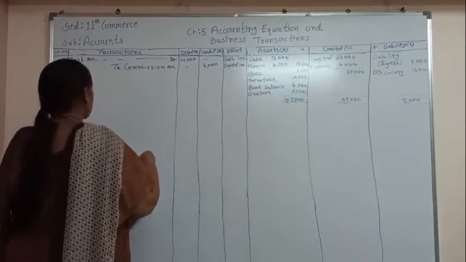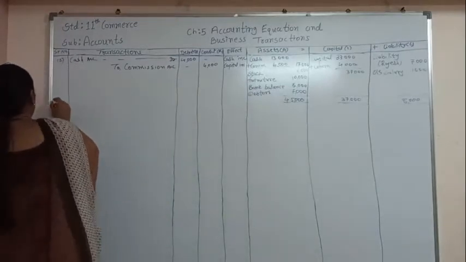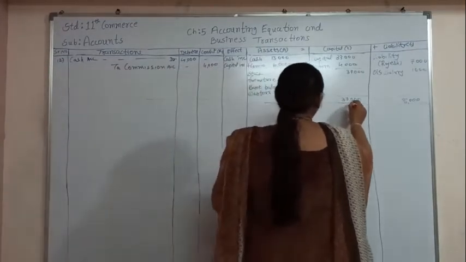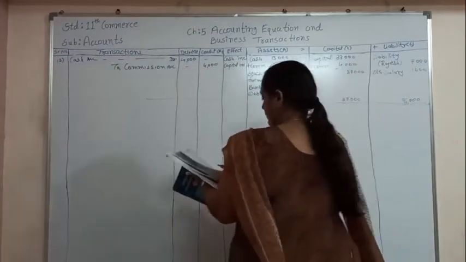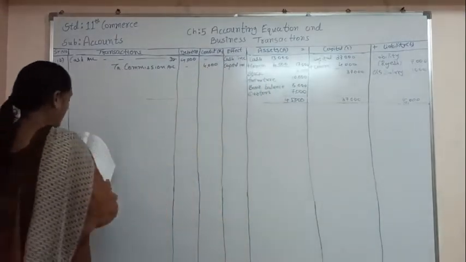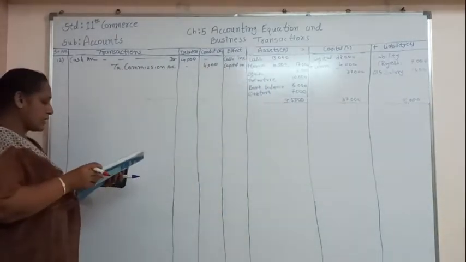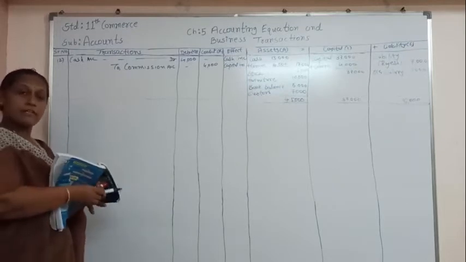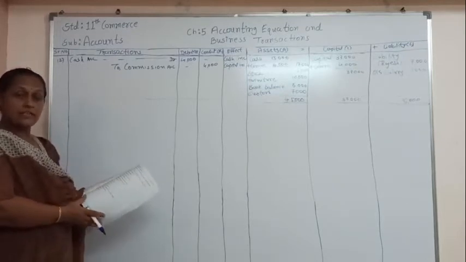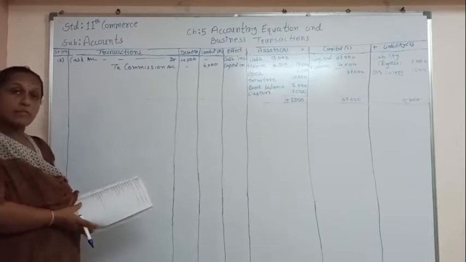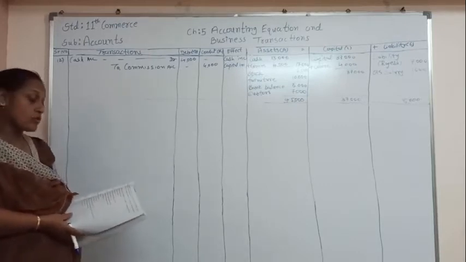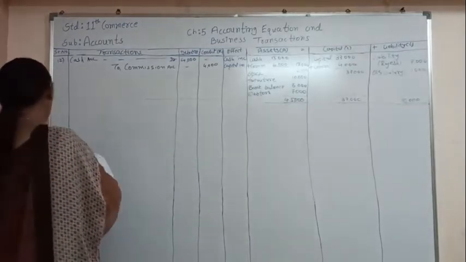And next transaction is receivable dividend. So receivable dividend account debit to dividend, that journal entry we are going to pass, and because of that receivable is going to be increased as well as capital is also going to be increased.